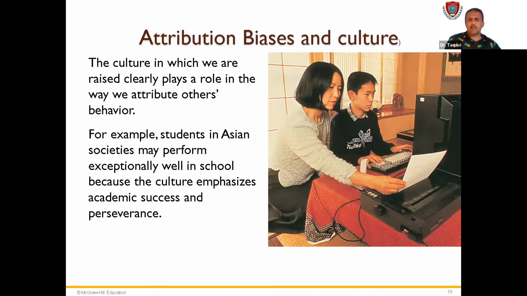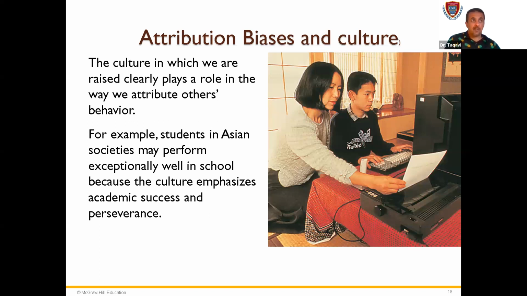Well, for example, in education, in Asian countries, in Far East countries, in Oriental countries, there's a great emphasis on academic success. Because of that, many students in China and many students in America are successful.